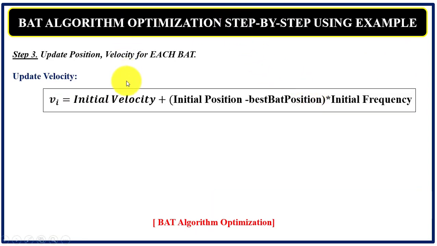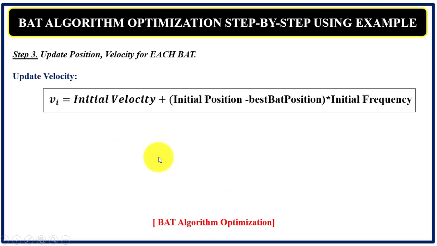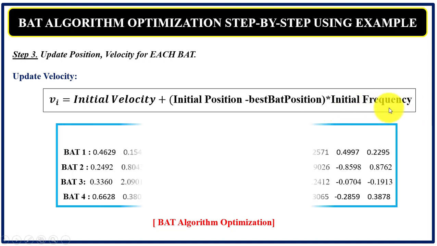So in order to update the velocity for each bat, you can use this equation, that is nothing but just this one. For simplicity, I did this. So how can we update the velocity for each bat? We will add initial velocity plus initial position of the bat minus best bat position, and we will multiply this with initial frequency.